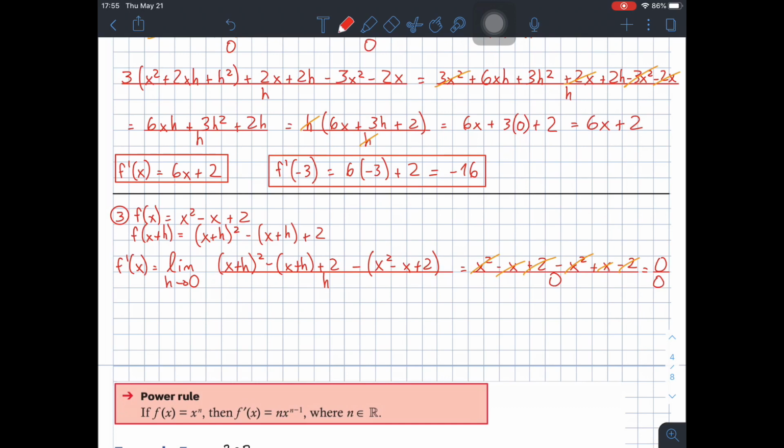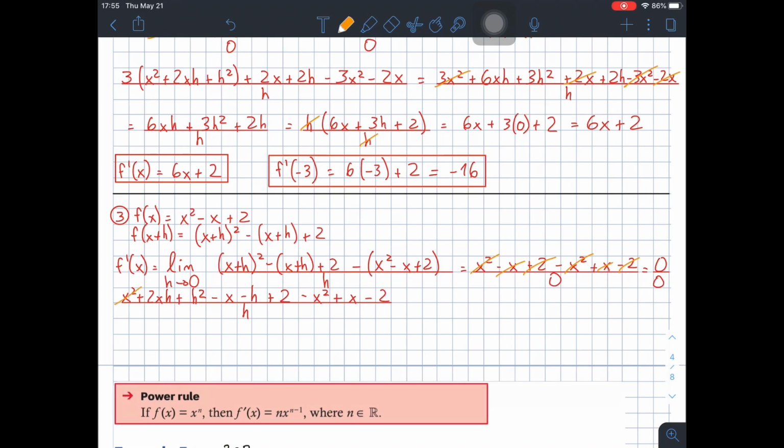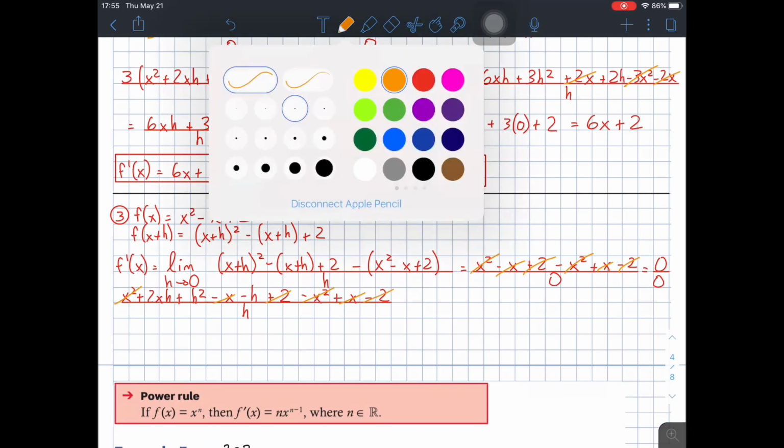So (x plus h) squared, that is x squared plus 2xh plus h squared. Then it's minus x minus h plus 2 minus x squared plus x minus 2, divided by h. So let's simplify like terms, if any. Let's see, x squared cancels out with x squared, x cancels out with x, positive 2 with negative 2, and I think that's it.